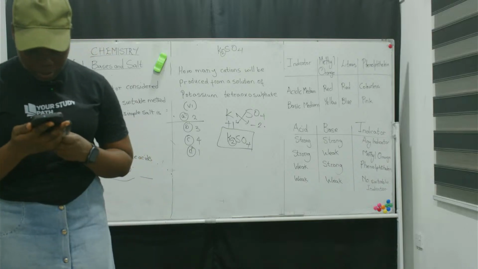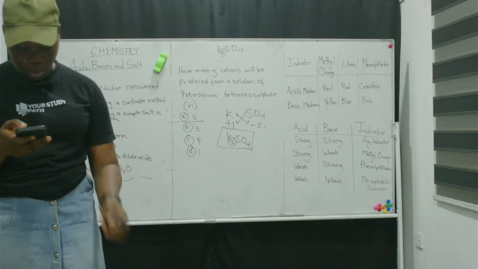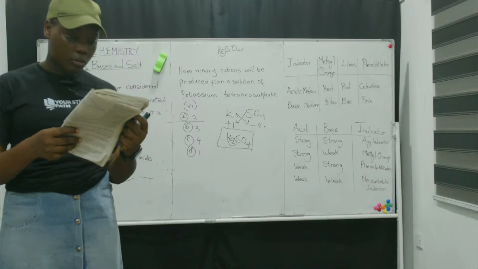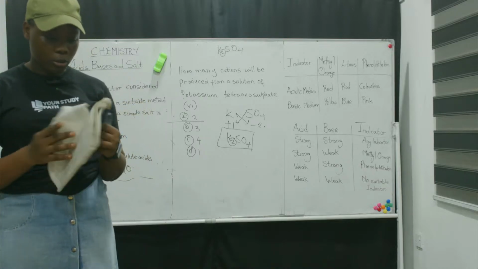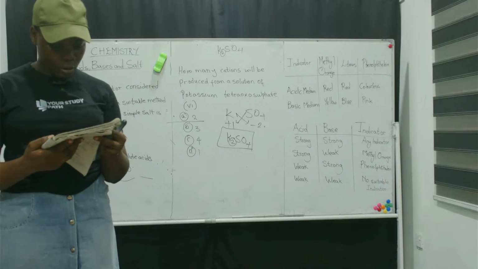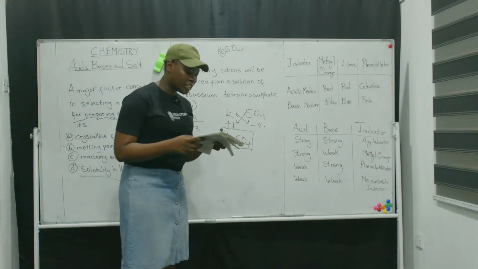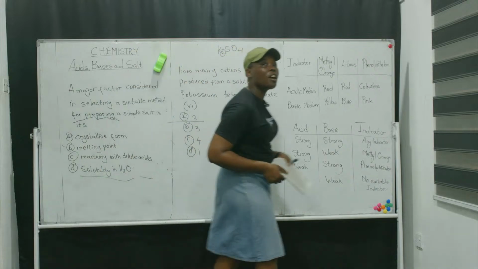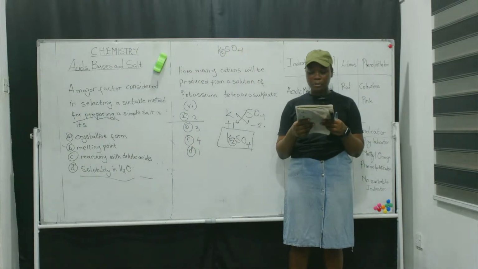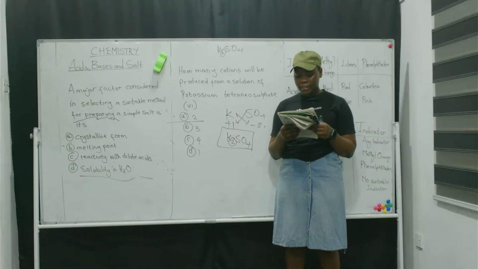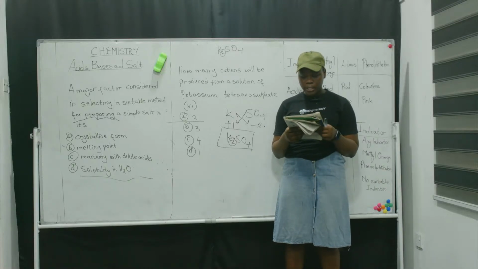Let me just check the last one. Okay, this basically, let me read it out. The color of methyl orange in alkaline medium is A, orange, B, red, C, yellow, D, pink.